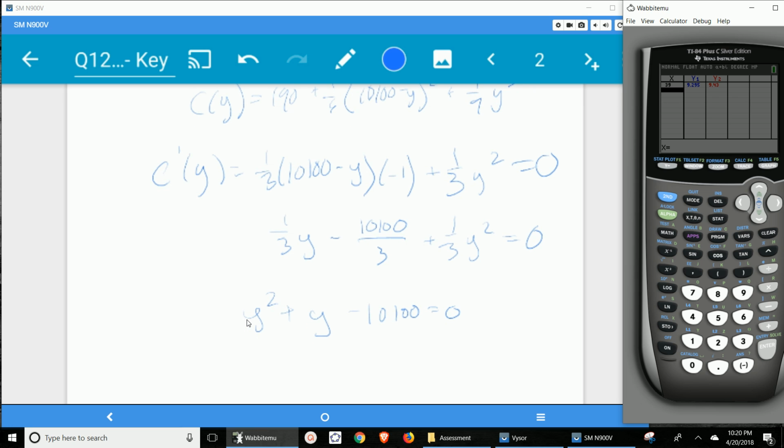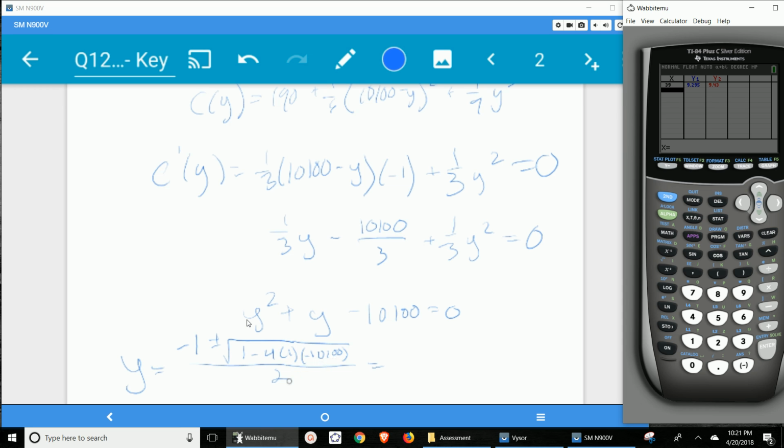So that's a really irritating equation to try to solve. Just going to use the quadratic formula. y equals -b plus or minus the square root of b squared minus 4 times a times c, all over 2a. So what is that? This becomes a positive.